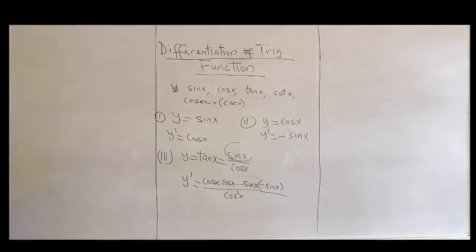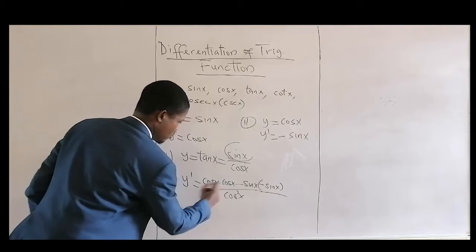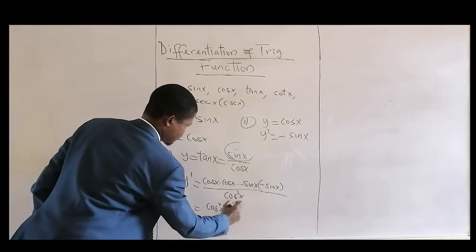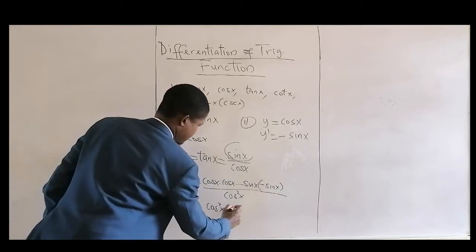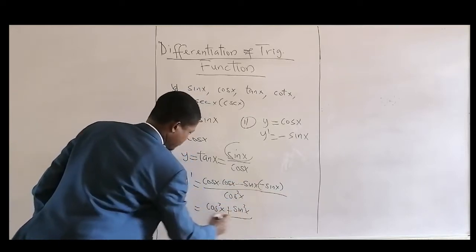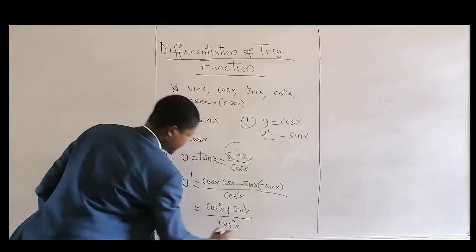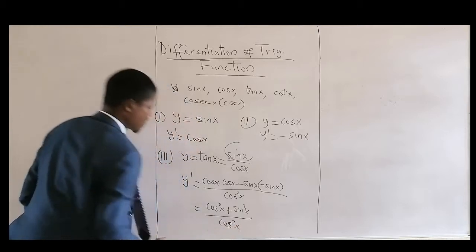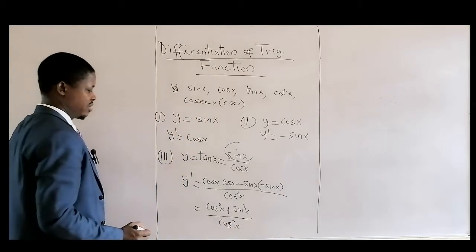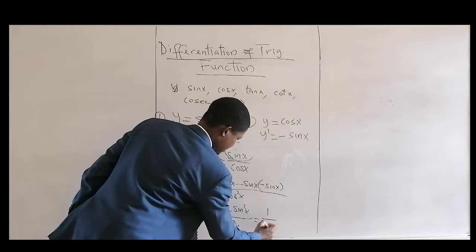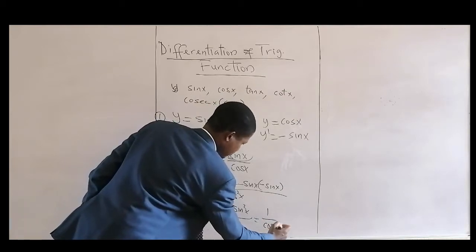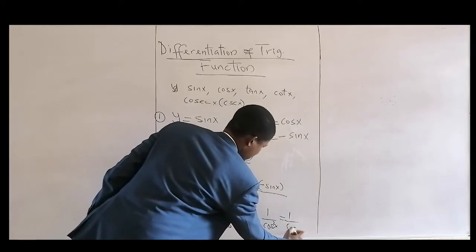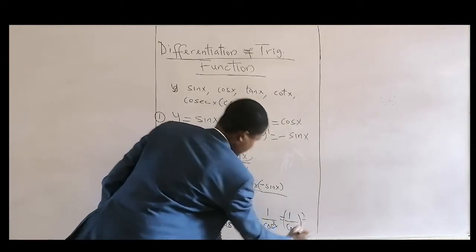Then if you expand this, you're going to have cos square x minus times minus, that's plus sine square x, over cos square x. And then cos square x plus sine square x is 1, so 1 over cos square x, which is written as 1 over cos x all square.